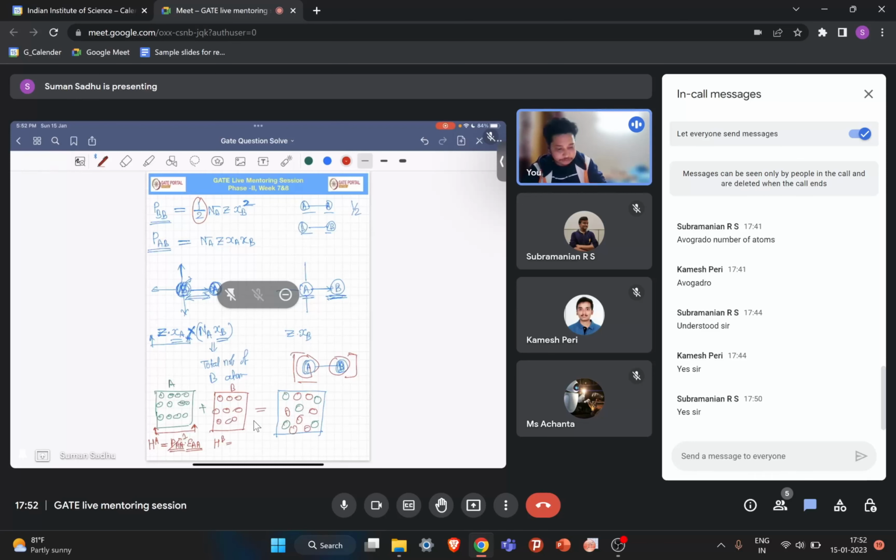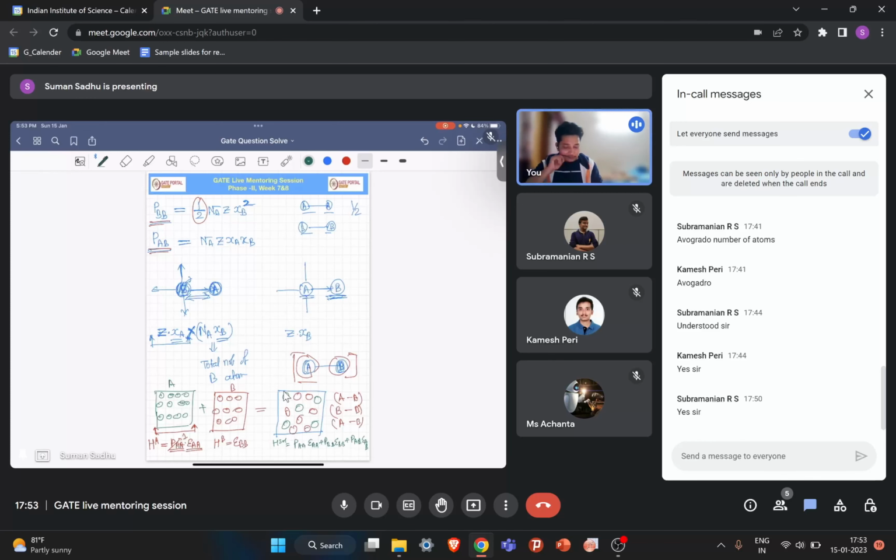But when the solution is forming, you have three types of bonds: AA type, BB type, and AB type, and the probabilities we have already found out. So H of solution is equal to PAA epsilon AA plus PBB epsilon BB plus PAB epsilon AB.